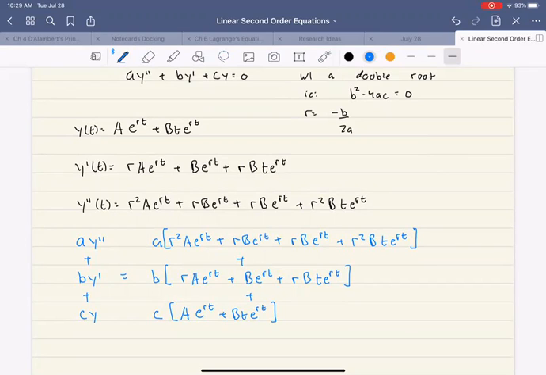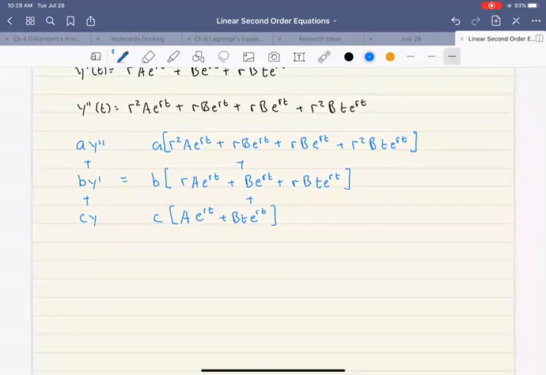So we're going to do the same thing we did the other time. We're going to take the terms that have A, the terms that have B, and then the Bt terms, all separately. These are capitals. So let's take capital A terms first.